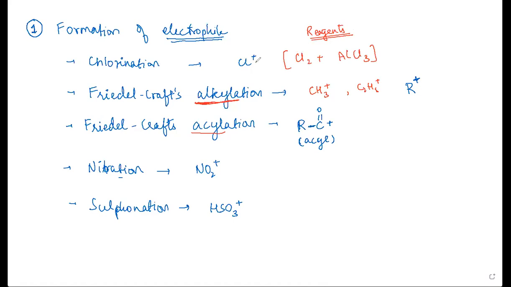So in order to get Cl plus, what is the source? Where do you get this from? Cl2 plus AlCl3. This is the reagent that you use for electrophilic substitution. Similarly, for Friedel-Crafts reactions, what reagent do you use in order to get these?